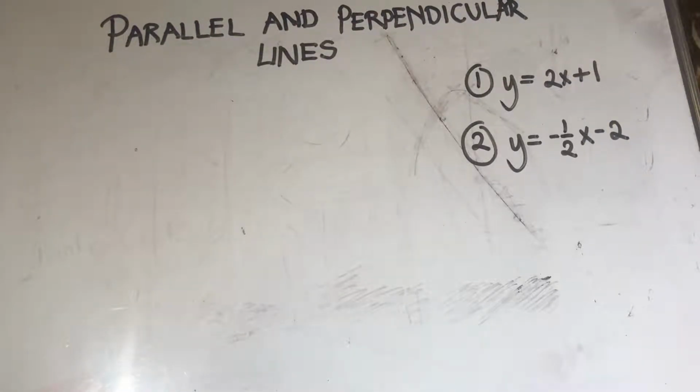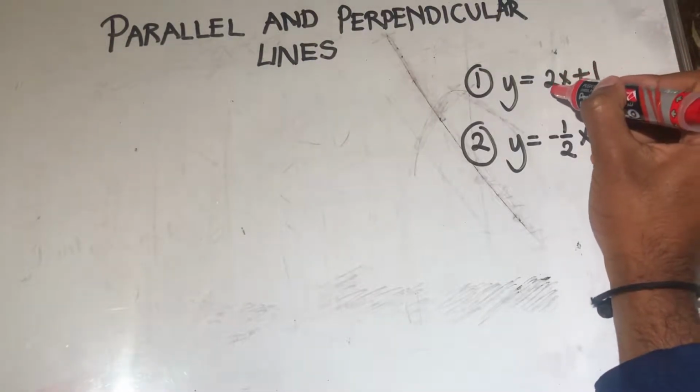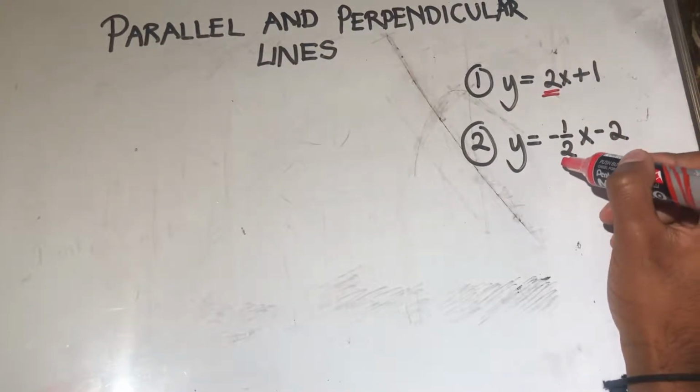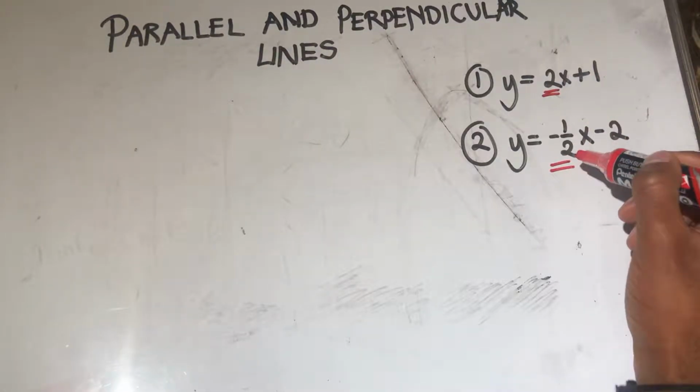Like I said, another way you can determine whether or not lines are perpendicular to each other is by looking at their slopes. If the product of their slopes is equal to -1, then you can confidently say that the lines are perpendicular. So the slope in the first equation is 2, and in the second equation is -1/2.